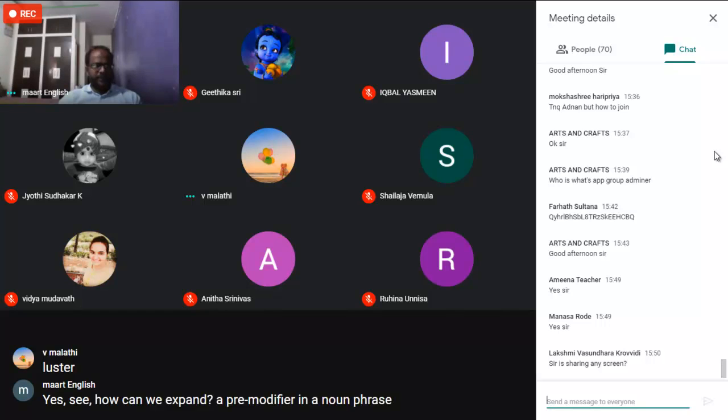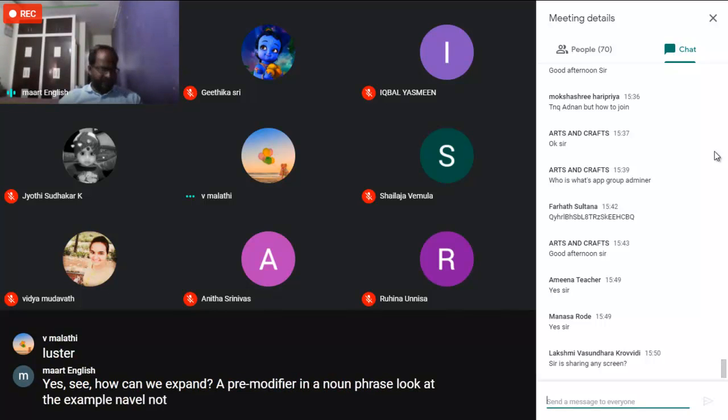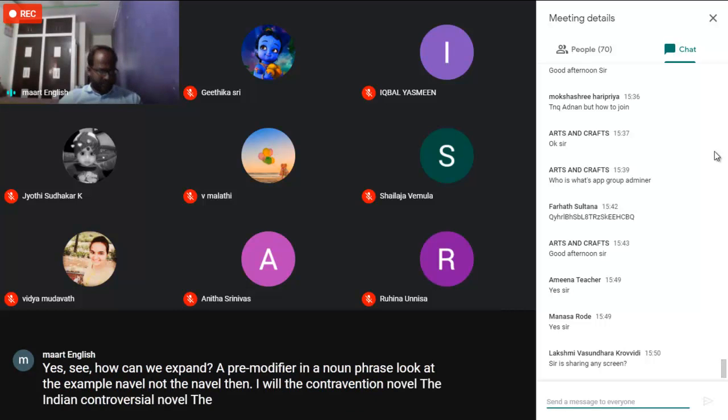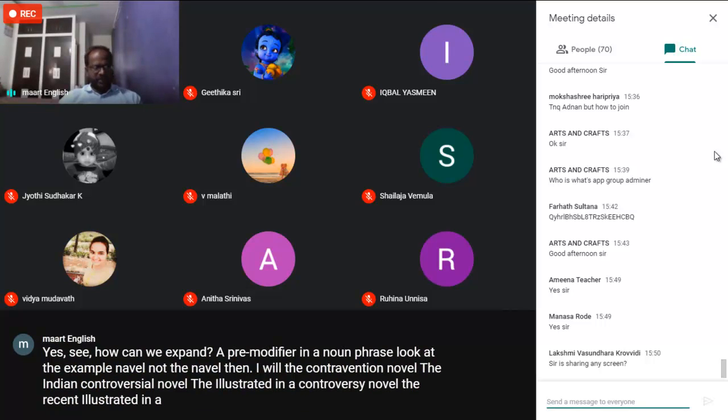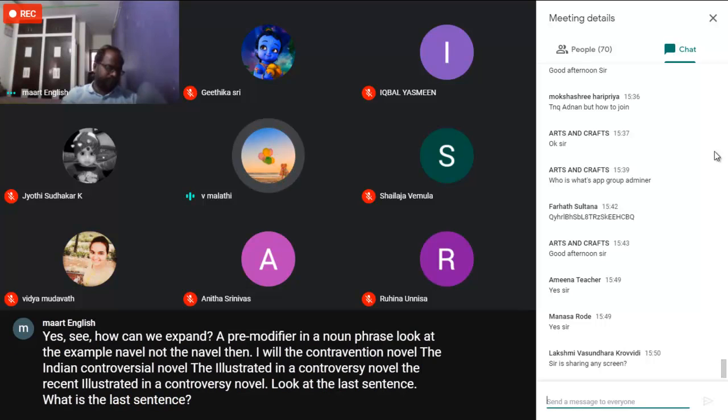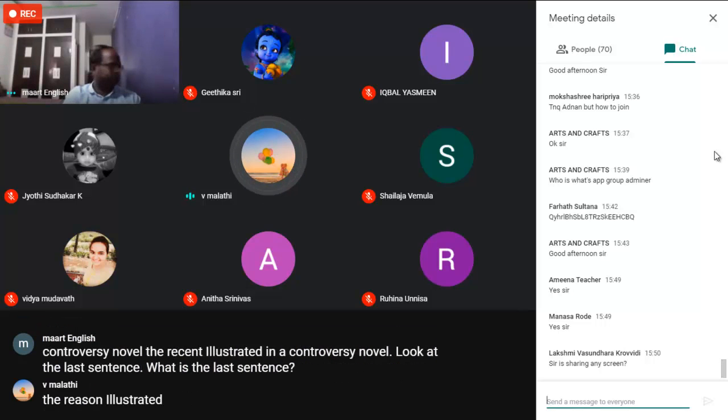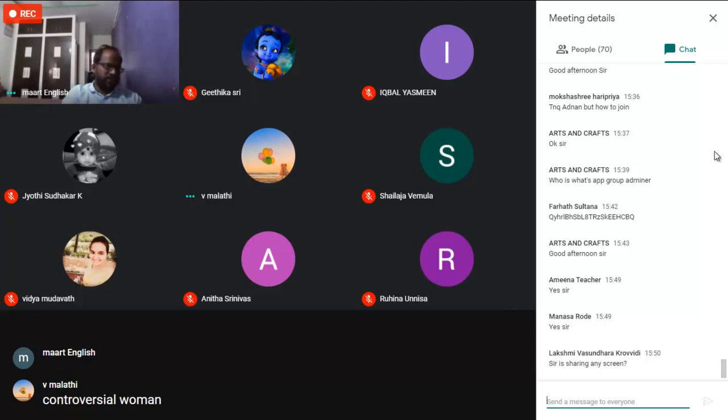See, how can we expand a pre-modifier in a noun phrase? Look at the example. Novel, the novel, the controversial novel, the Indian controversial novel, the illustrated Indian controversial novel, the recent illustrated Indian controversial novel. Look at the last one: the recent illustrated Indian controversial novel. In this, what are the words we have used?